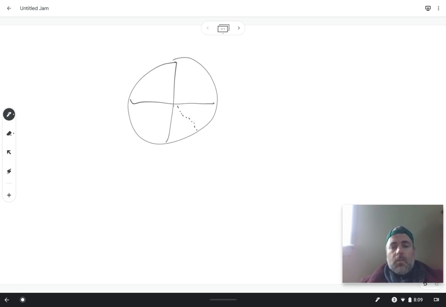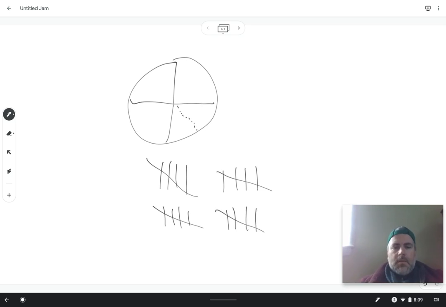So think about if you have 25, right? 1, 2, 3, 4, 5. There's 5, 10, 15, 20, 25. So if you're going to divide this in half, it's pretty easy, right?